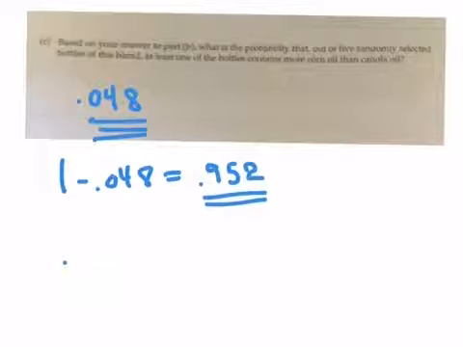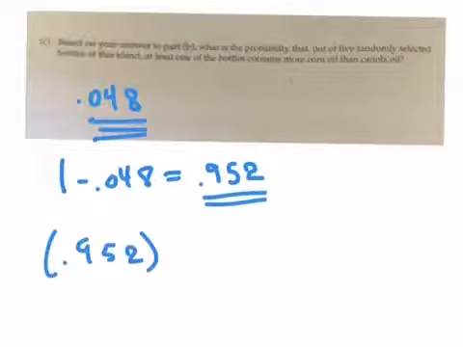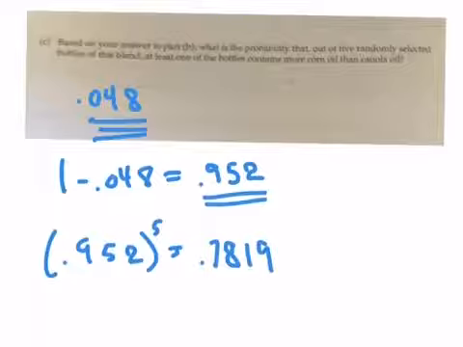0.5952 five times in a row, to the 5th power. That probability is 0.7819. So that's the probability that all of them are okay, meaning the corn oil is not bigger.